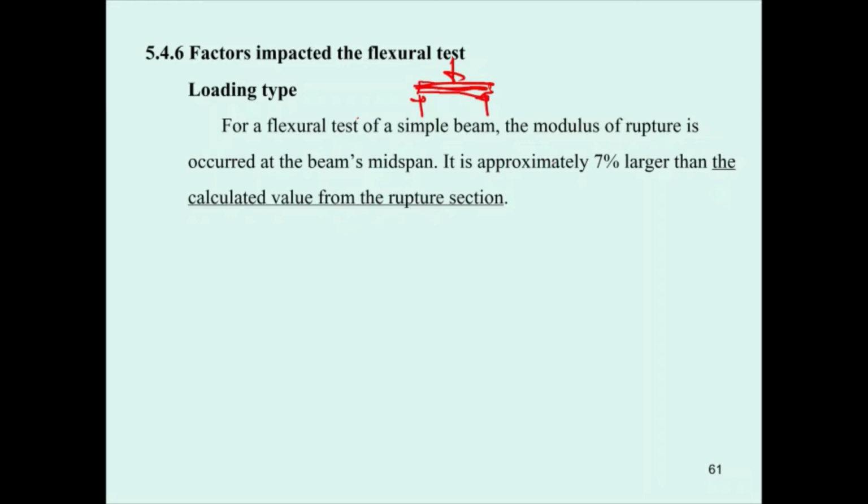The modulus of rupture, the failure stress, occurs in the beam at midspan, at this point, because it is going to have the maximum moment. It is going to be approximately 7% larger than the calculated value from the rupture section.